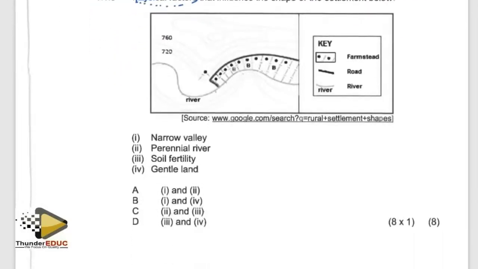Let's see here. There is a perennial river in a narrow valley, which is in between these reef mountains. Fertile soils, we cannot see them here. And gentle land is not even gentle. So the two factors, that is 2 and 1, are right. 2 and 1 is A.